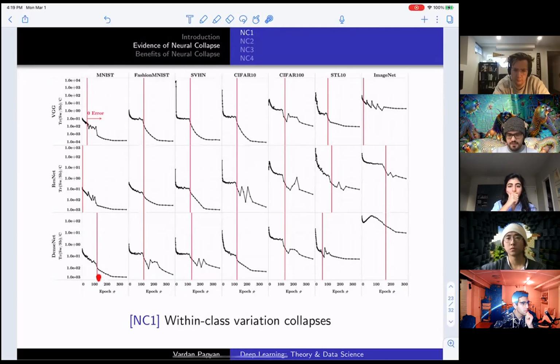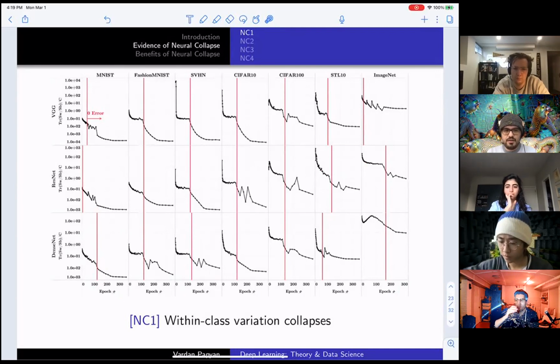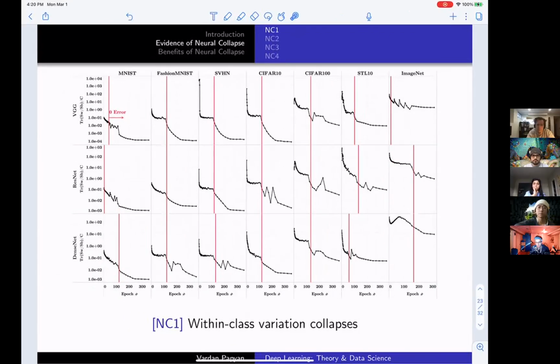There's a vertical red line which indicates the point in epoch time in which the network reaches zero training error. Zero training error means that the network has classified all the training examples correctly. Does everyone remember?